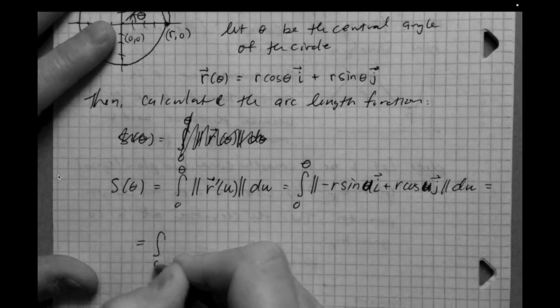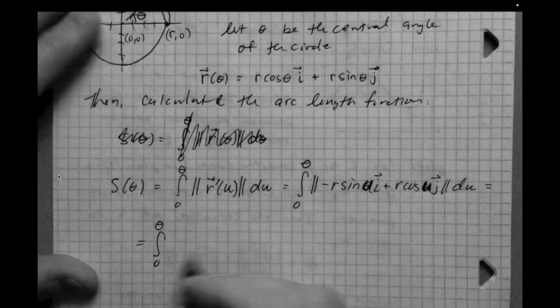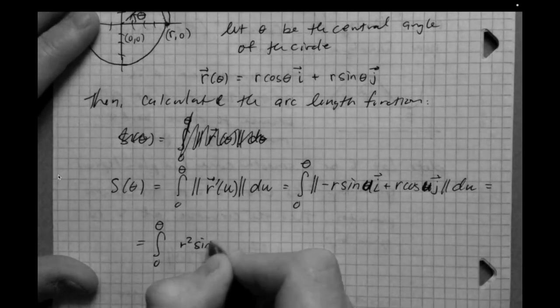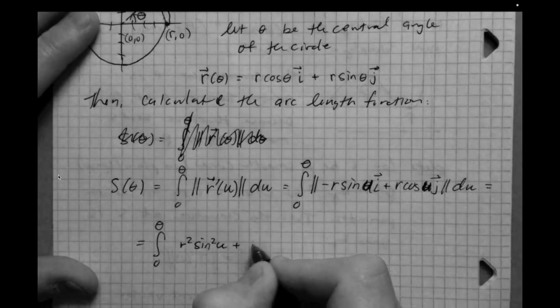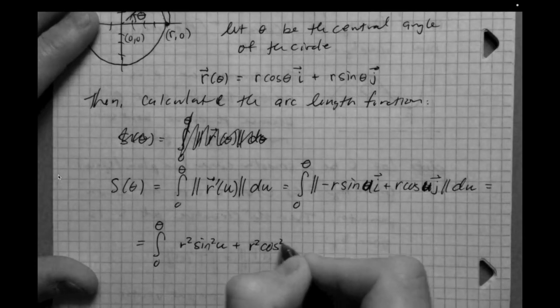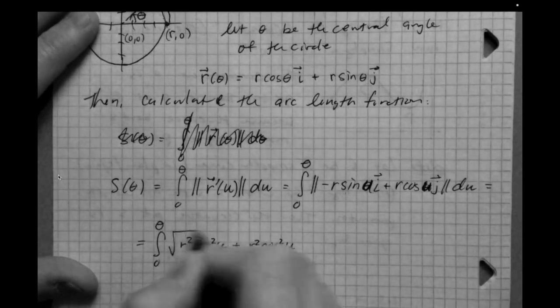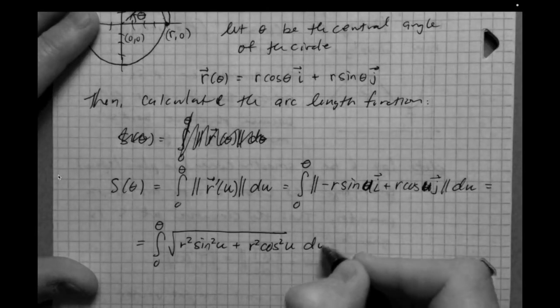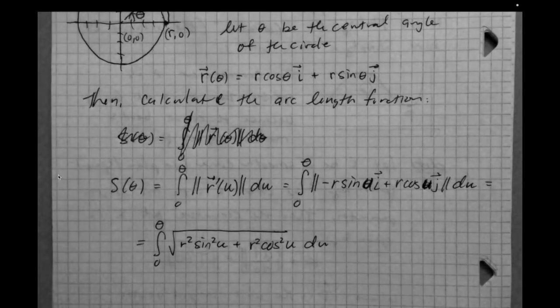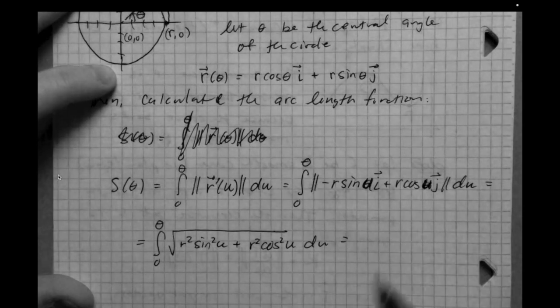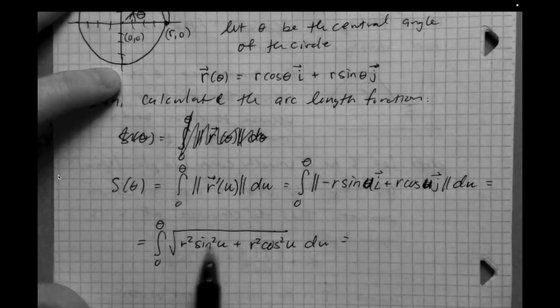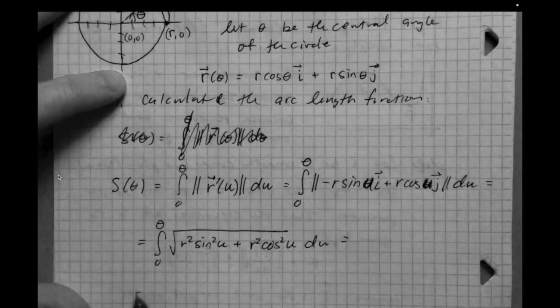So let's calculate that norm. From 0 up to theta, this will be the square root of r squared sine squared u plus r squared cosine squared u, du. Just like previously, you can factor out the r squared.